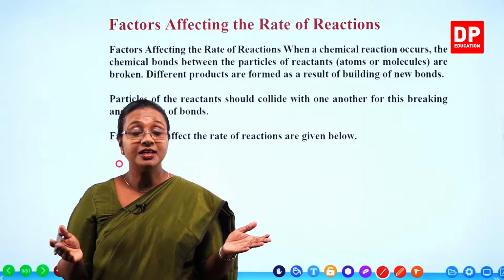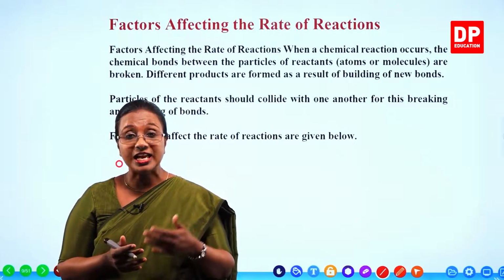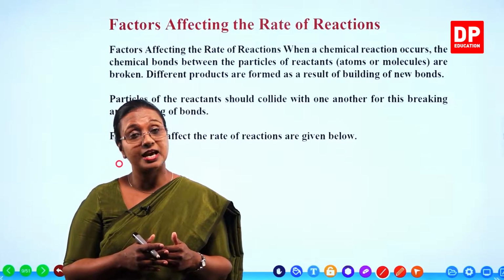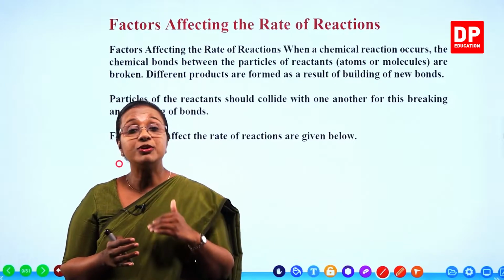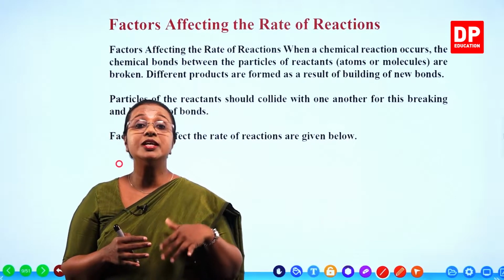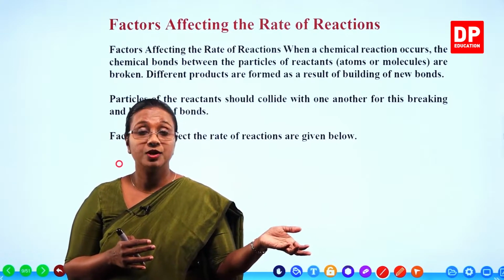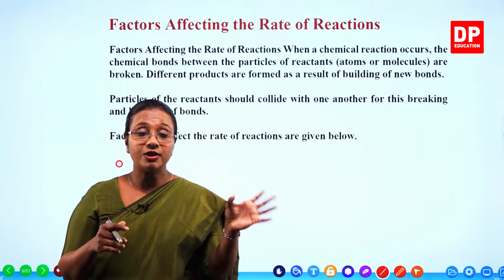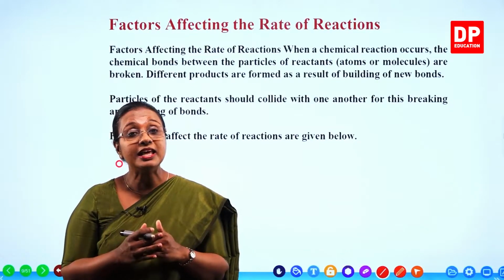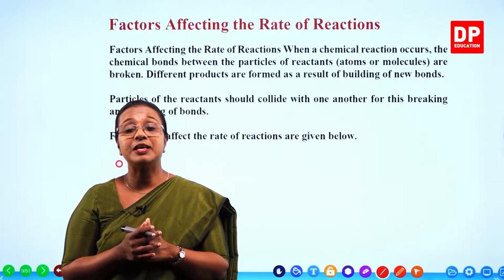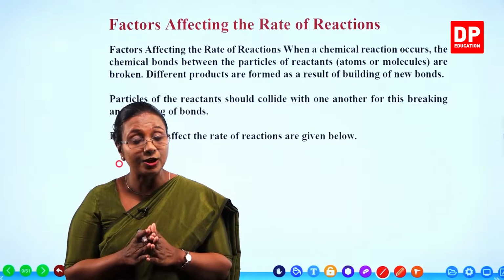What is it? The amount of change that takes place in a unit time. So what is the amount of change? Either the amount of reactants used up or the amount of products formed. So both are equal, amount of reactants used up and the products formed. So when they take place within a certain period of time, we calculate the rate of reaction.